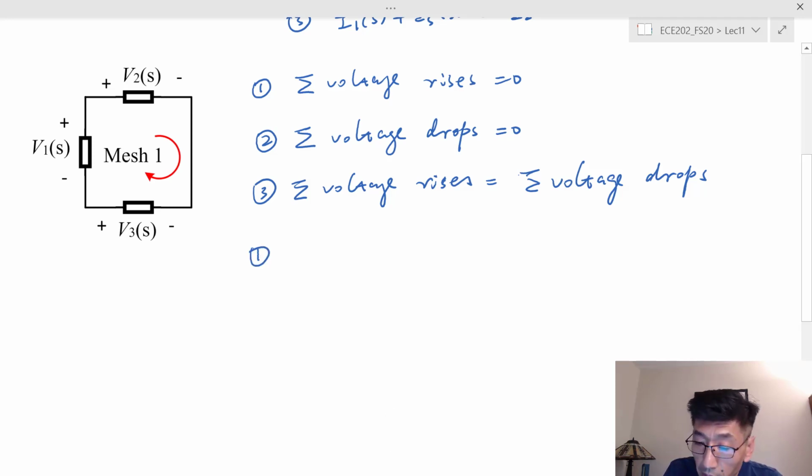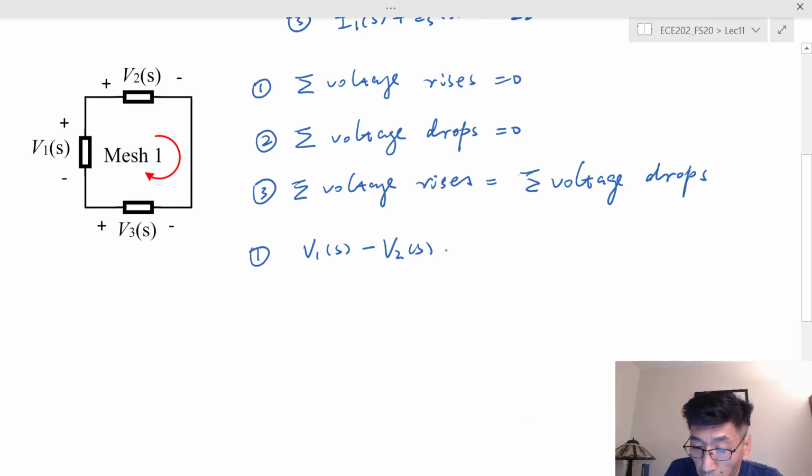So in this case, the first one here, we would have the voltage rises. Following the clockwise direction, for V sub 1 from negative to positive, that's a voltage rise, right? And for V2, from plus to minus, from the left to the right, that's a voltage drop. So we need to put a negative sign since we are counting the voltage rises, negative V2.